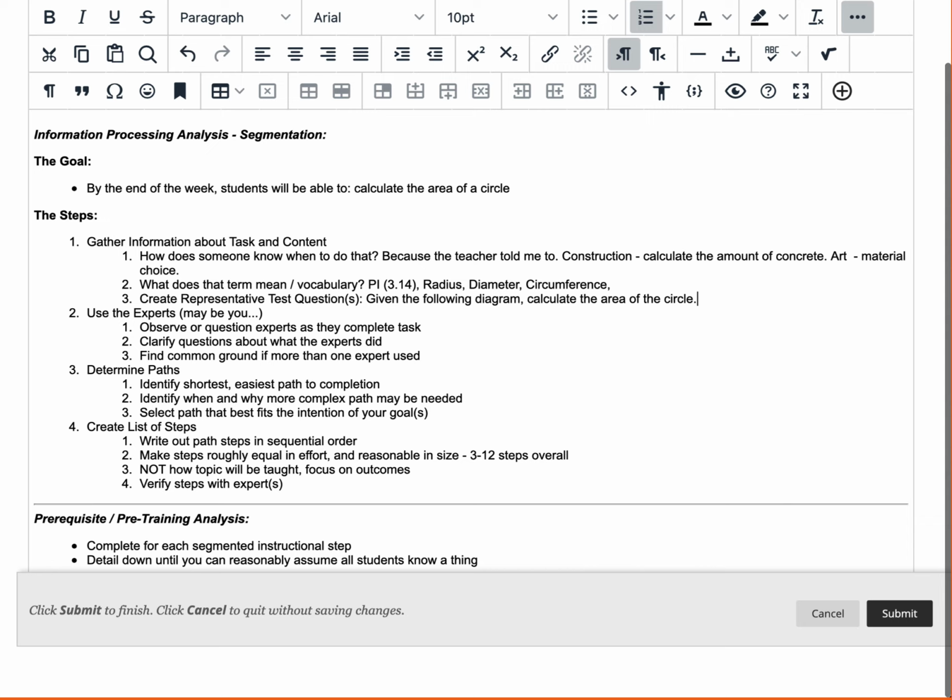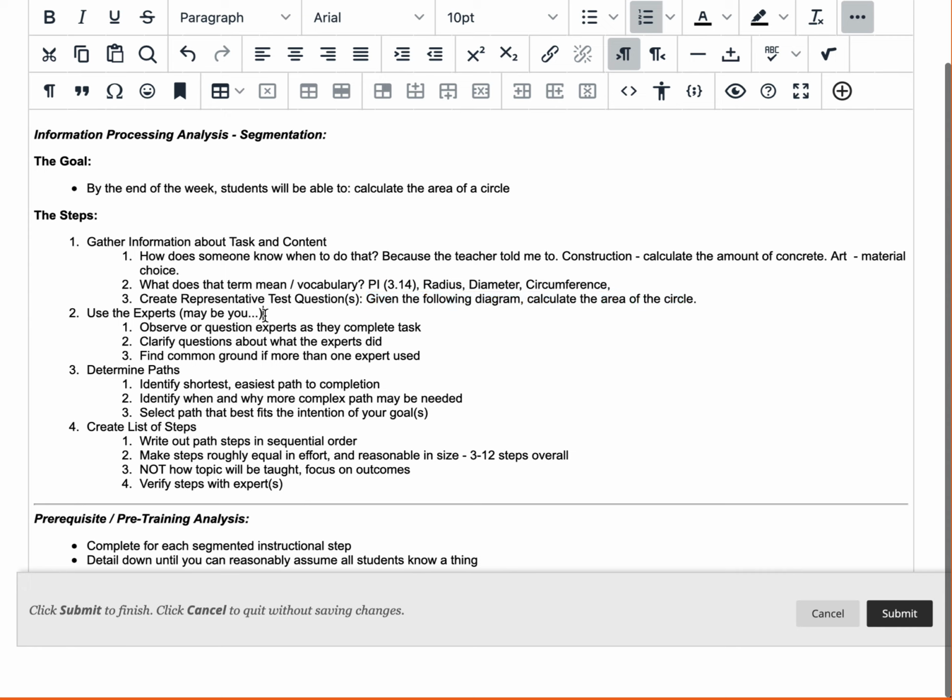And then there would be a diagram attached that would maybe give the radius or the diameter or something like that. So that kind of gives us our ending point. This is what we're going to ask them to do in the end. So now we've got to get them there.